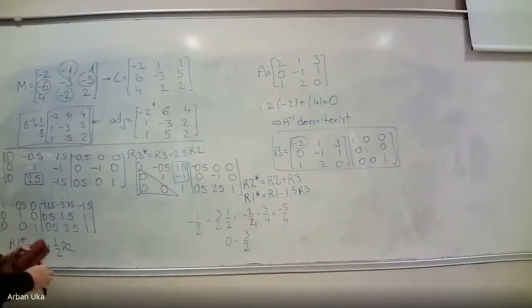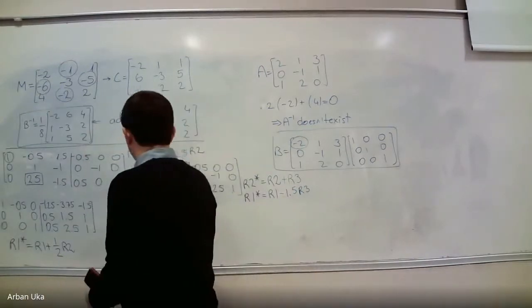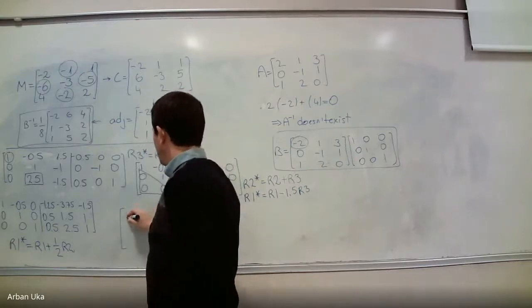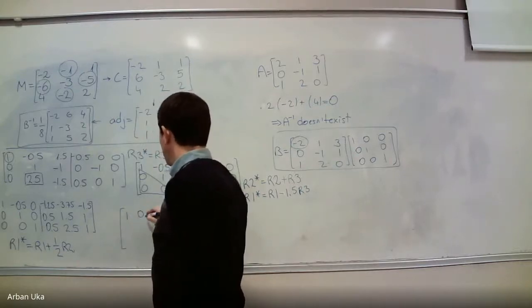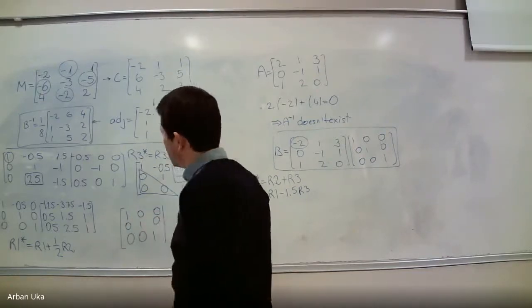Okay. So this is going to be, well, this one is easy. 1, 0, 0, 0, 0, 1, 0. 0, 0, 1, and here we have the following.